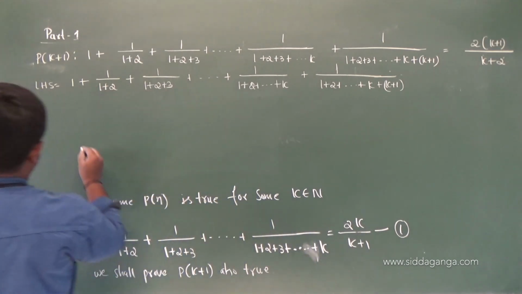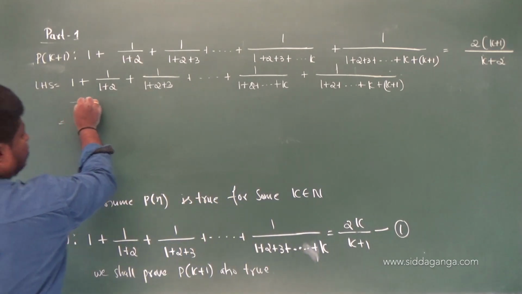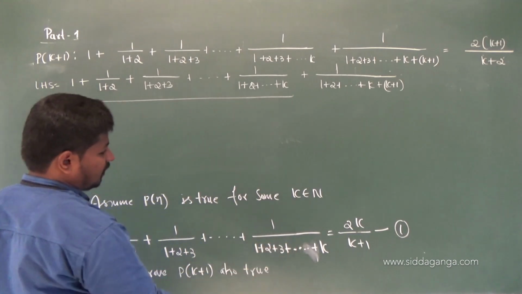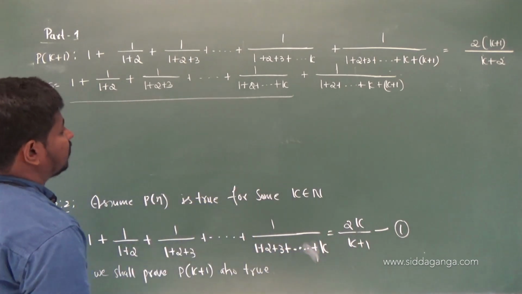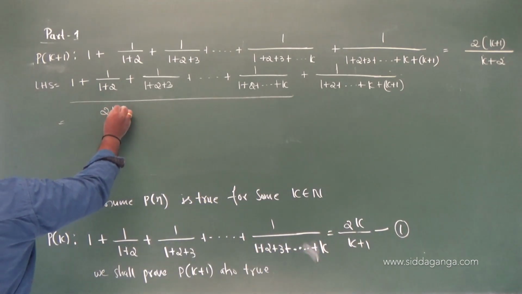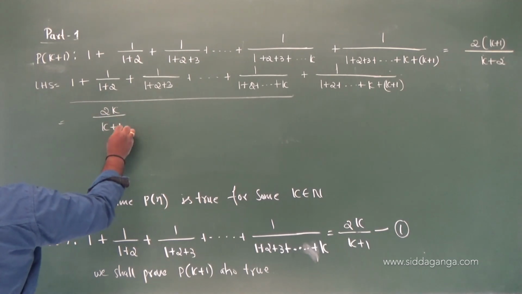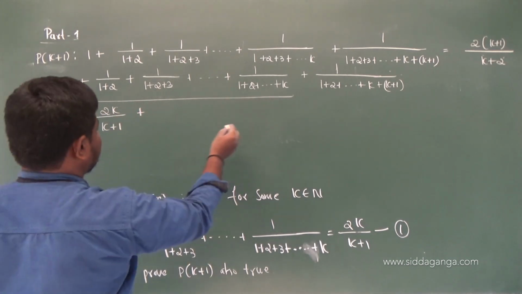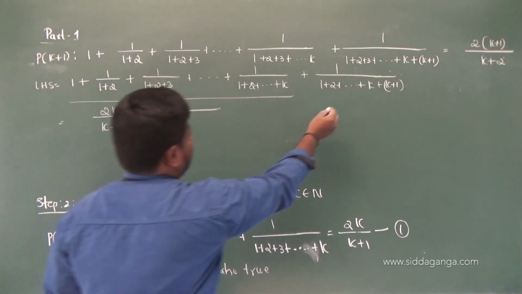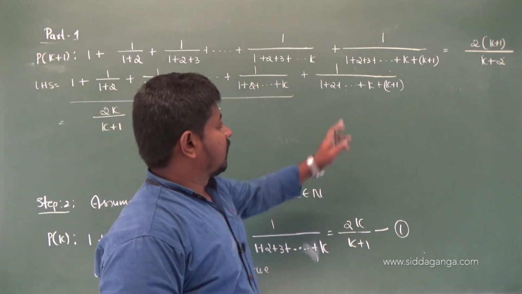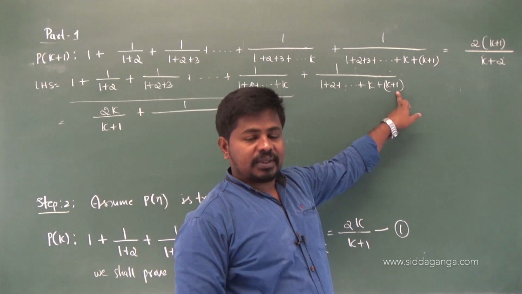Now, from here to here, we have the result 2k by k plus 1 from equation 1. 2k by k plus 1 plus the next term, which is 1 by the sum of the first k plus 1 natural numbers, right?